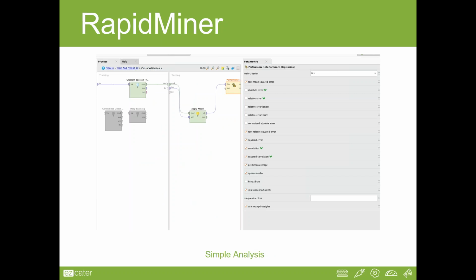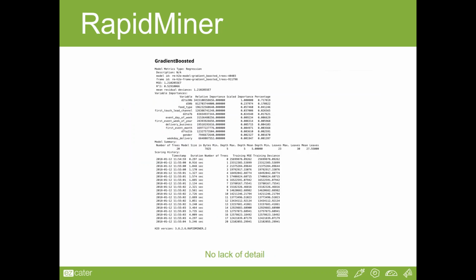And I really felt that analysis support, just being able to easily check off different performance metrics, was compelling. And I didn't feel like there was a lack of detail. I had tried Amazon's machine learning before, and it felt like you put stuff in and something comes out, and that was it.